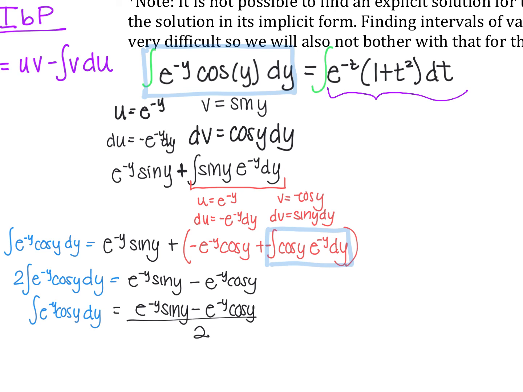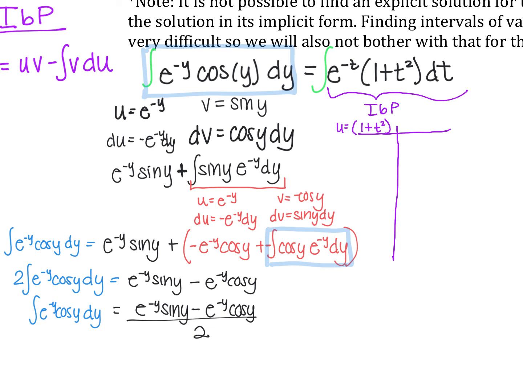So remember, we had a special integration by parts that allowed us to use a table of values. It's not really a table of values. It's just a way to organize your thoughts. We take the polynomial, 1 plus t squared, and I'm going to take derivatives of that polynomial until my derivatives get to 0.